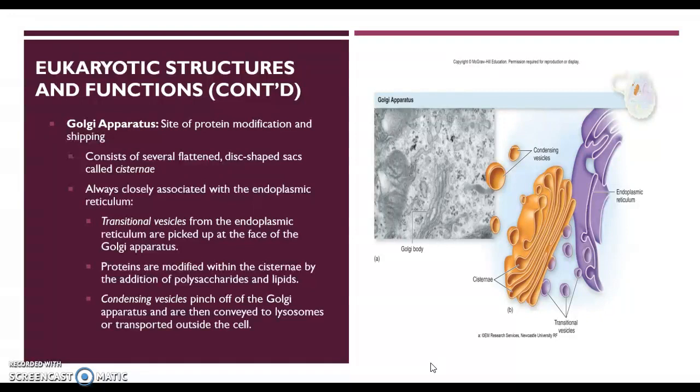The Golgi apparatus, or the Golgi body, is a series of stacked flattened membranes that are involved in the modification of those proteins that are synthesized in the endoplasmic reticulum.